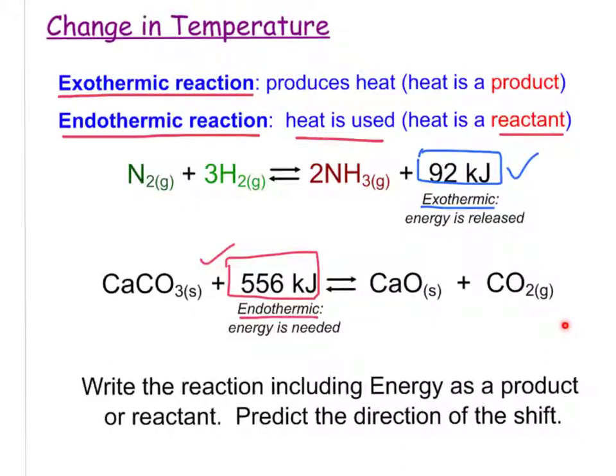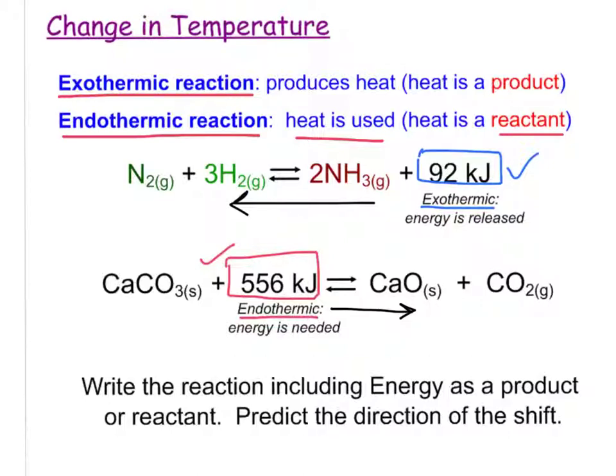If we have this exothermic reaction and we add heat, we're adding more of this, which means we're going to shift the reaction this way, to the left. If we look at an endothermic reaction right here, and we add heat, we're adding more heat, which in this case is a reactant. So that means we're going to shift the reaction this way.